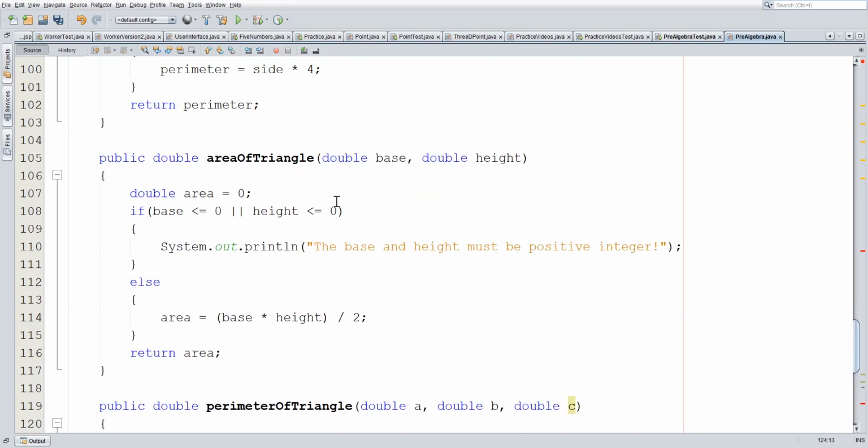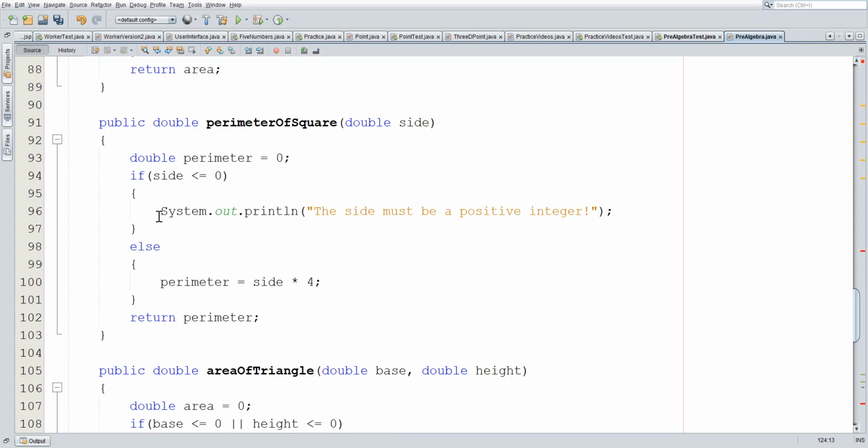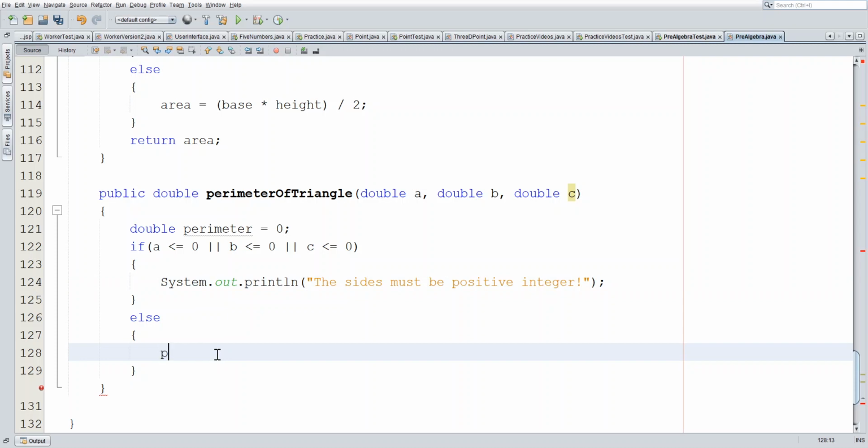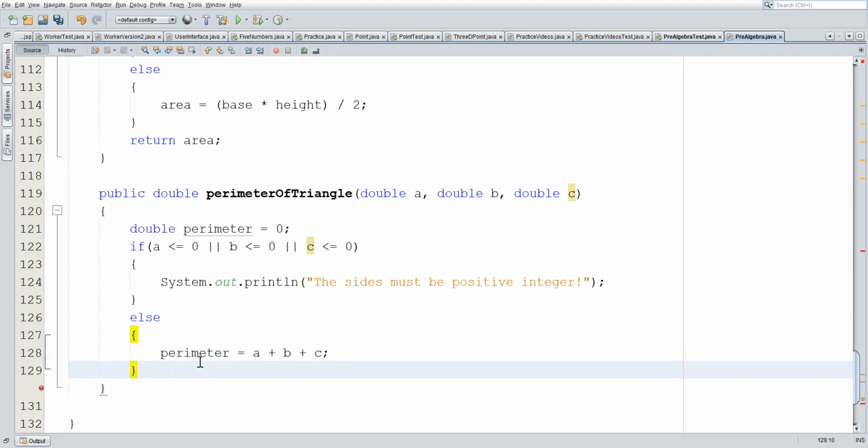So essentially that's what's happening. Let's go ahead and finish this, right? Since it's just the side, the sides must be positive integers. Okay, else perimeter is equal to A plus B plus C. So just take all 3 sides and add them together, right?